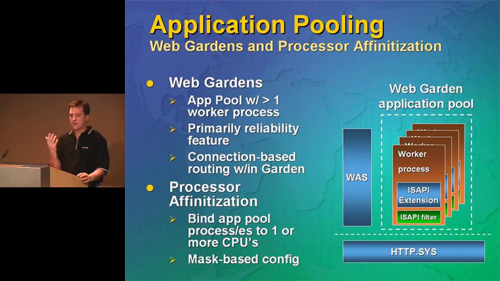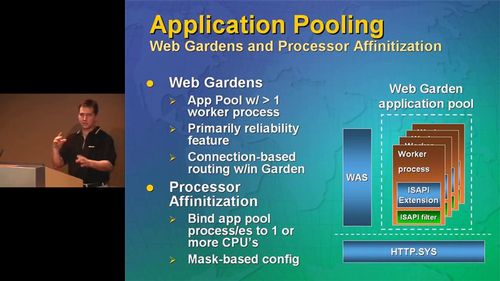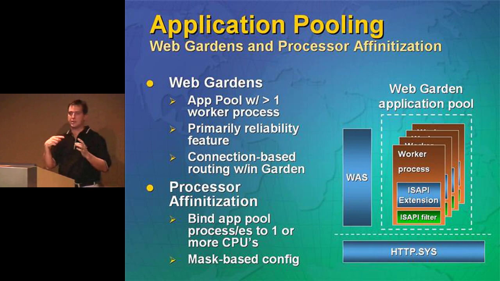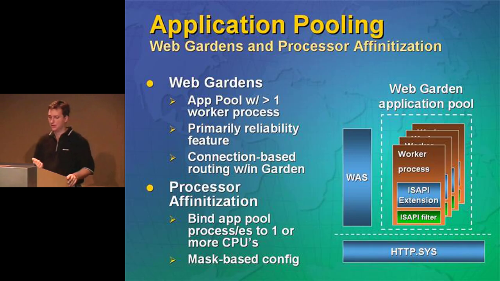So if I configure a web garden with 4 worker processes, but bind the application pool to CPUs 1 and 2, those 4 worker processes will just be constrained to running on CPUs 1 and 2. This is done through an affinity mask, and this is a property of the application pool that you configure.